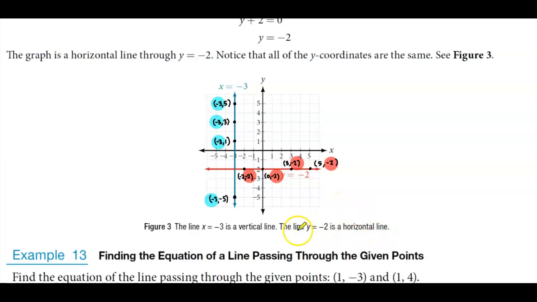One way to remember this is that if you look at the line y equals -2, that means this line has to pass through the y-axis at -2. When you look at x equals -3, that means this line has to pass through the point -3 on the x-axis.